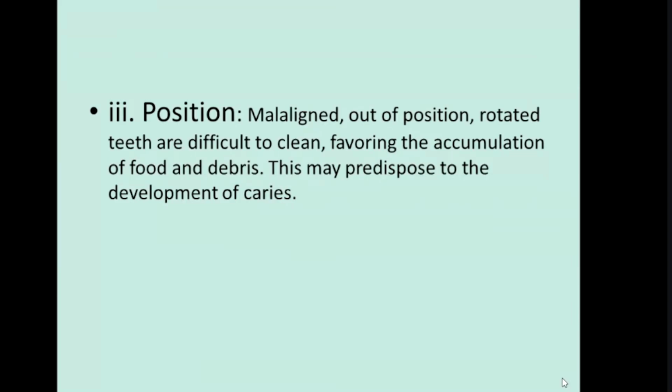Mal-aligned, out of position, rotated teeth are difficult to clean. When they are difficult to clean, there is more plaque accumulation, and we said plaque accumulation means bacteria and acid and the solvent, so demineralization of the tooth surface.